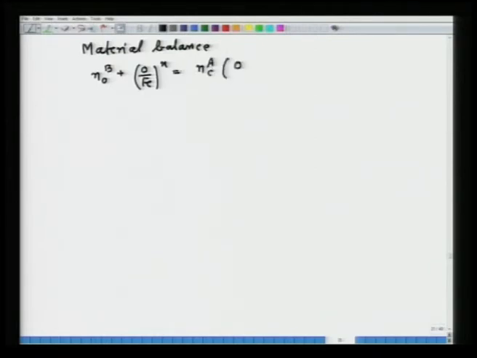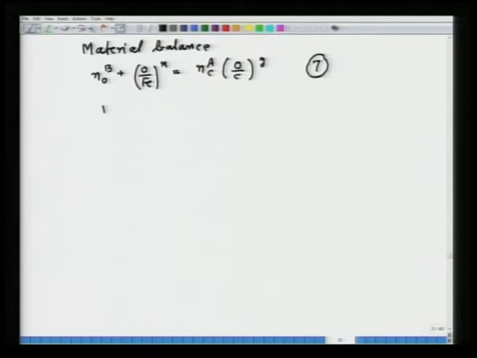Now, you recall the material balance equation. That equation was NOB plus O by Fe x, that is equal to NCA O by Cg. That was, let us say, equation number 7.